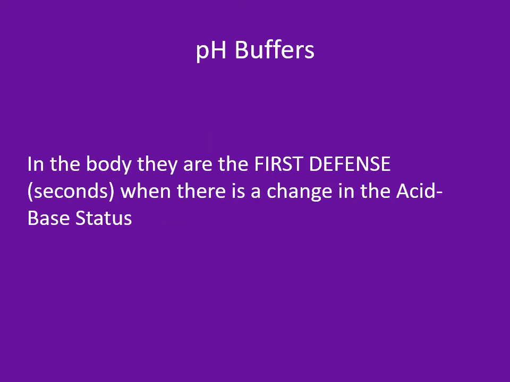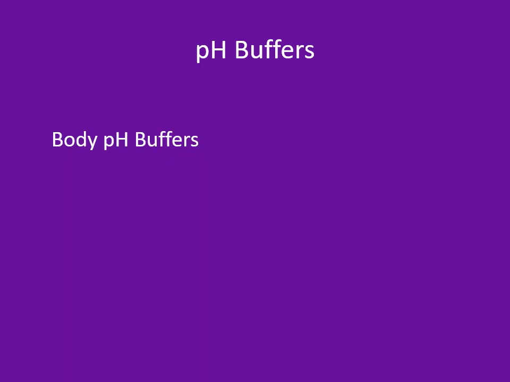An important property of the buffer is that they react instantly, so they are the first line of defense of the body when there's a change of the acid-base equilibrium. For example, if lactic acid rises, protons will rise and pH will lower.